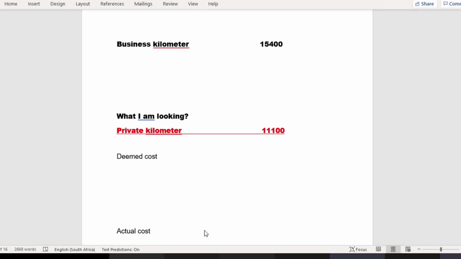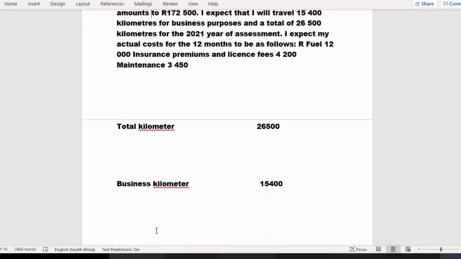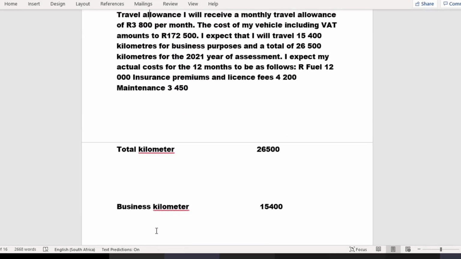The deemed cost? Yes, we need to find out how much is the value of the vehicle first. All right, let's go back and look at how much is the value of the vehicle. 172,500.